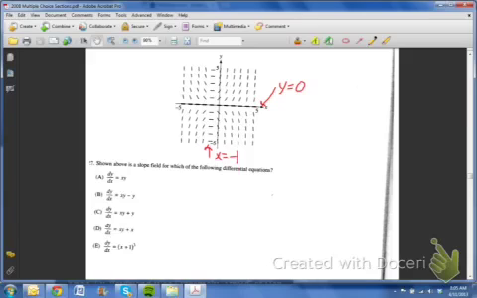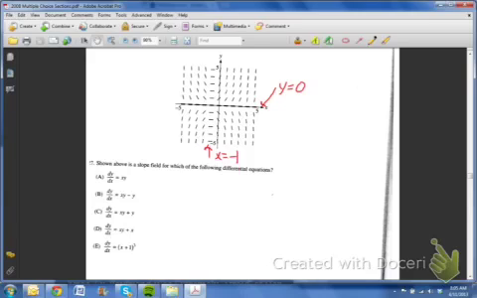So if x was -1 and y was 0, this could work, right? Oh wait, no. Hold on, let me think about this for a second. So let's see, if x was -1, would it, yes, no, this could not be it, because let's say we are looking at the point -1, -1.